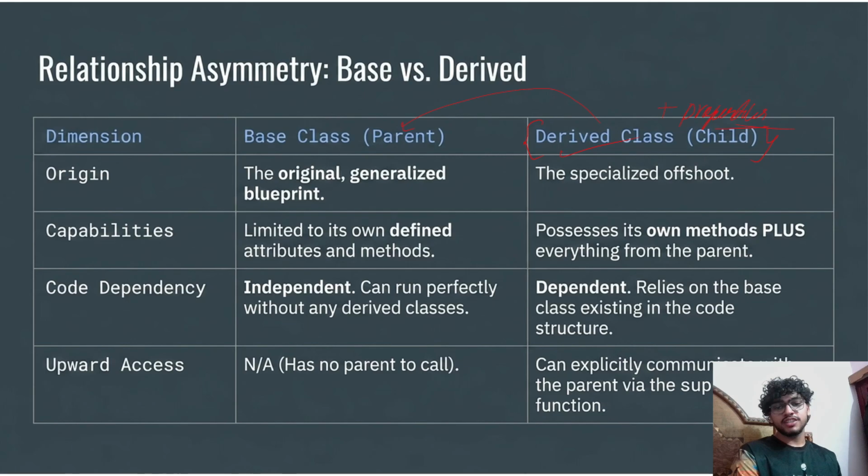Codependency: the base class is independent and runs perfectly without any derived class, but the derived class is dependent and cannot work without a parent class, otherwise it will remain incomplete and inconsistent. Now, upward access: the base class has no parent to call, while the derived class can explicitly communicate with the parent via the super function.